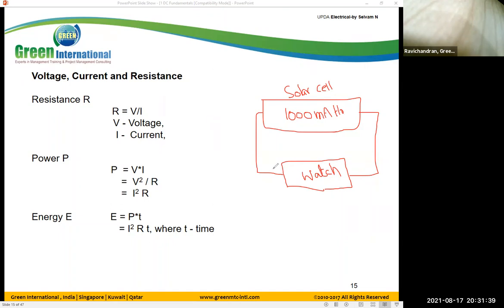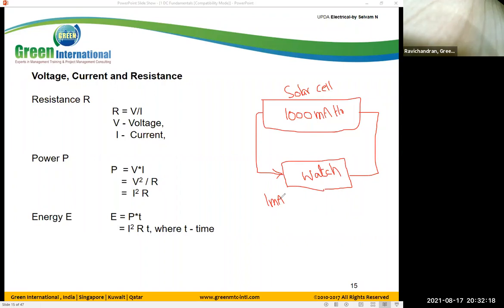For example, the current is 1 milliamp. Assume the wristwatch, the load, carries 1 milliamp. What is the life of the battery, or when do you replace the battery? After 6 months or after 1 year?